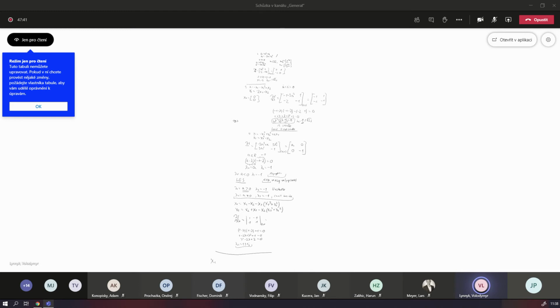x1 dot equal to x2 and x2 dot equal to minus x1 plus x2 times 1 minus 3x1 squared minus 2x2 squared.